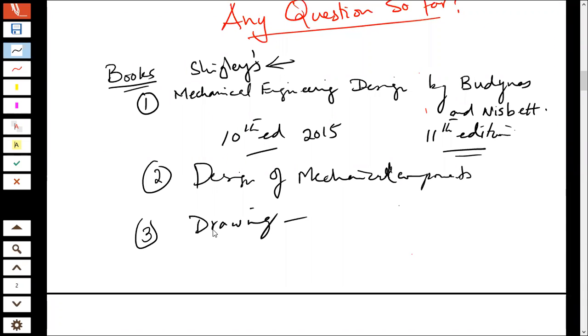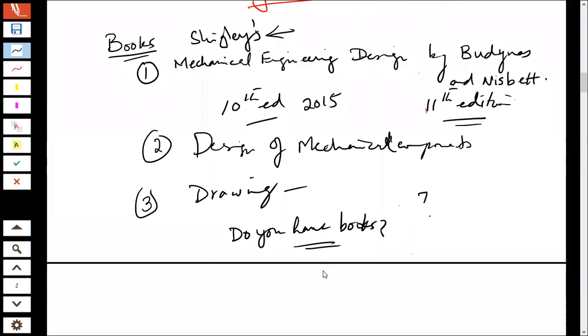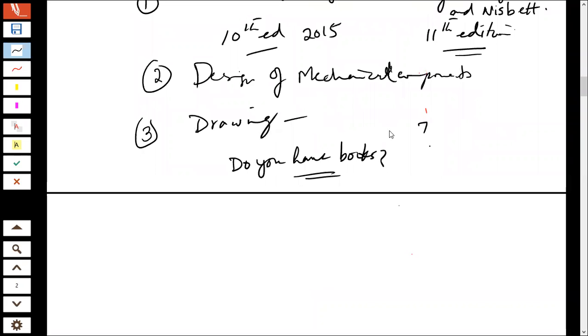Okay? Any question so far? Do you have books? Not yet. So what are you going to do? My suggestion would be to buy this book for yourself. It's worth buying.